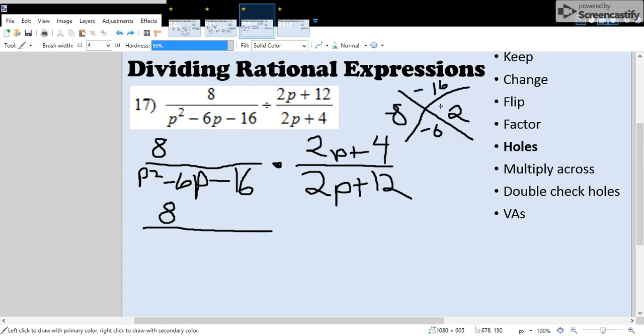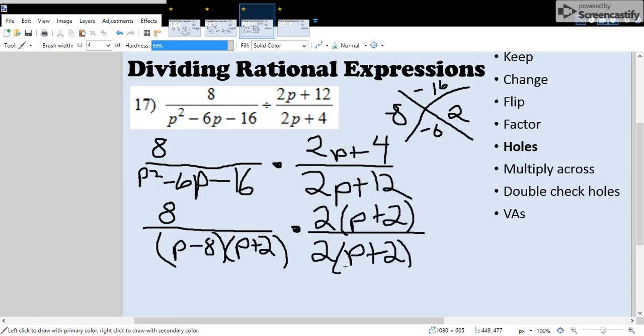Here's our first x. See if you could write the factored form down here with that x. Okay, we should have p minus 8 and p plus 2. Now, see what you can factor out of these two. This one will be the cake method. Okay, here's our factored forms.